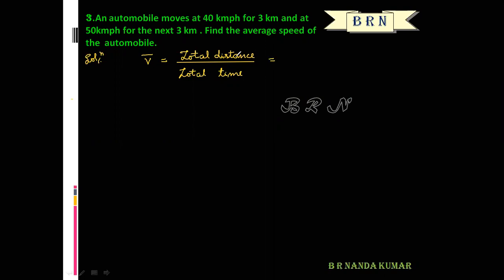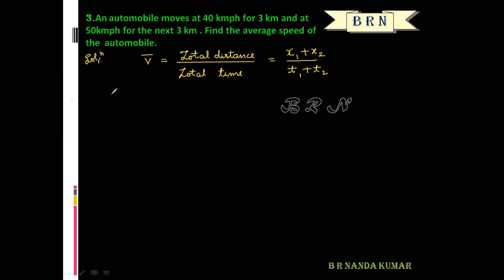Here the total distance is x1 plus x2, and the total time is t1 plus t2, right?